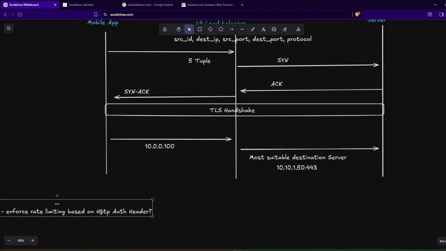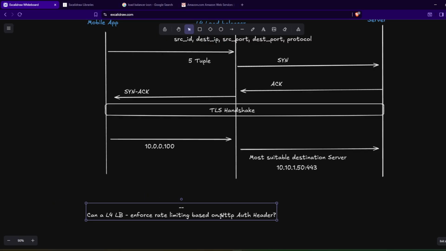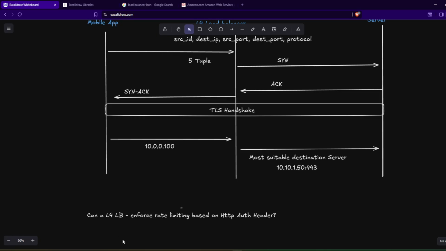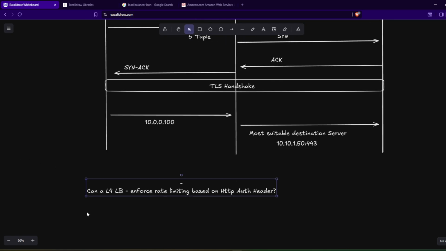So just take a moment of pause and try to answer this question, whether an L4 load balancer can enforce rate limiting based on the HTTP auth header. If your answer is absolutely not, it's a big no, then probably you grasp the concept correctly. So why is it a no?